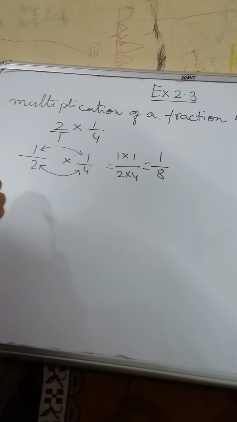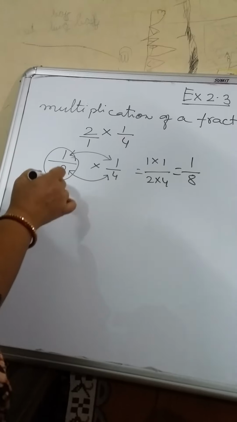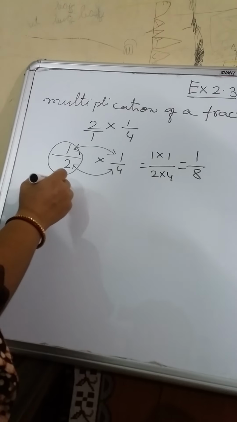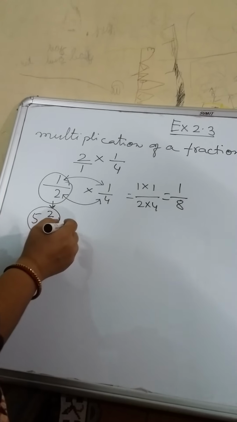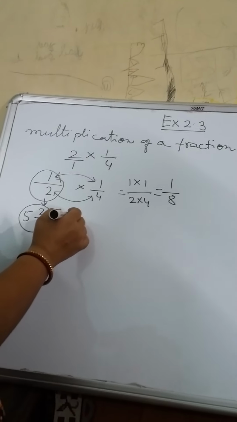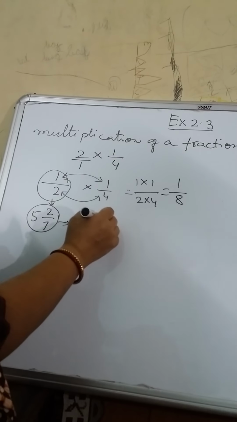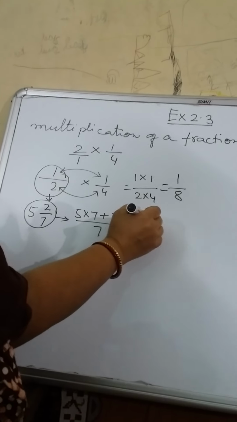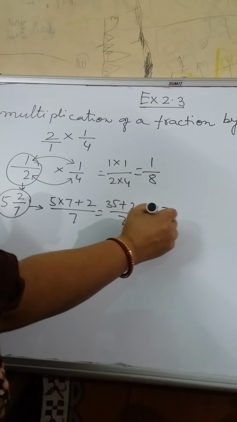When a fraction is a mixed fraction, say 5 and 2 by 7, first you have to convert it into an improper fraction. So that means 5 into 7 plus 2 by 7, that is 35 plus 2 by 7, 37 by 7.